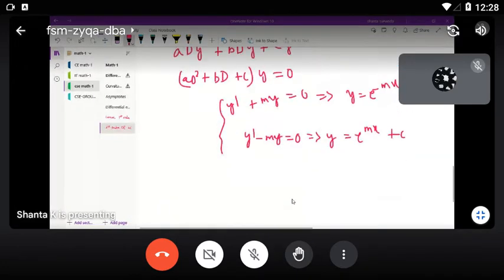So this is the first order equation, and you already know how to find the solution. You can find how it will be. Has anyone done it? Just find it, whether you are getting this or not. I want to see. Simple one. It's a very simple equation.